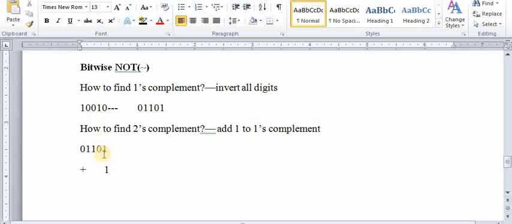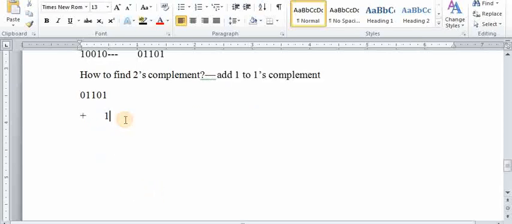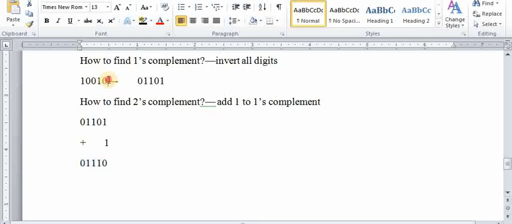So what will be the result? 1 plus 1 will be 0, and 1 will be the carry. The next digit will be 1. After that 1, 1, 0, 1, 1 and 0. So this is the two's complement of this number.